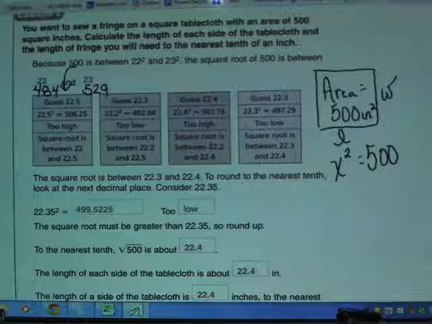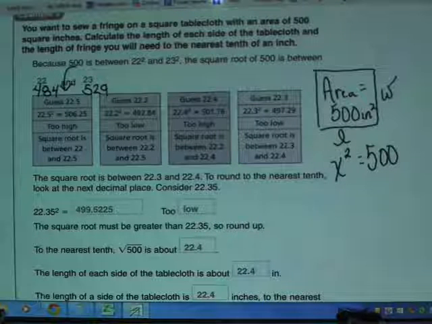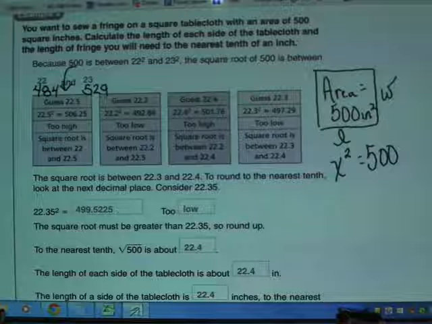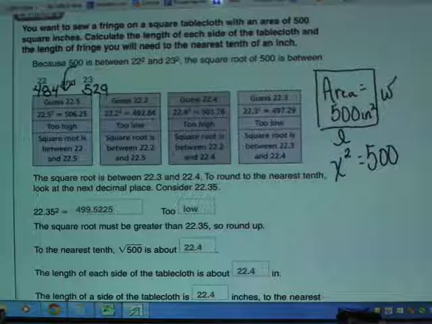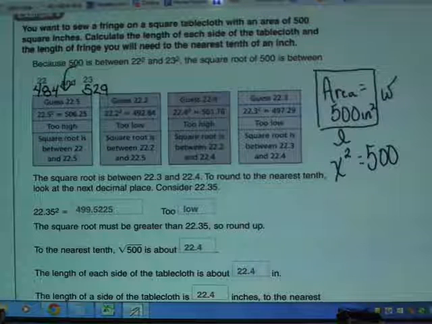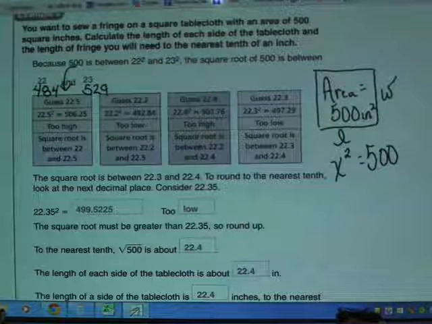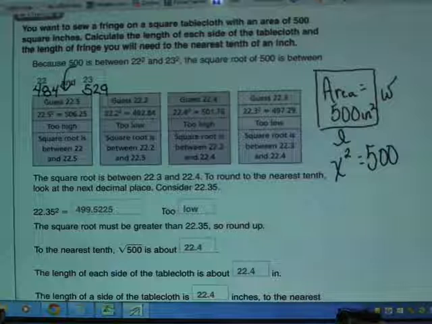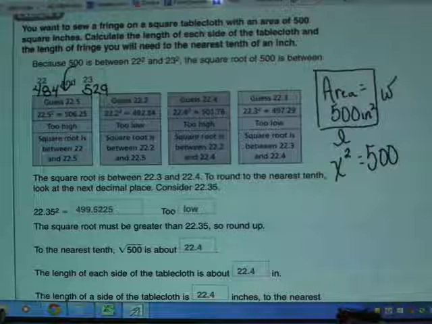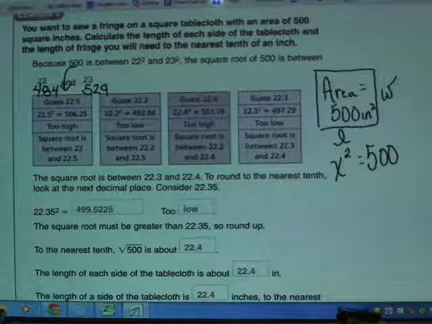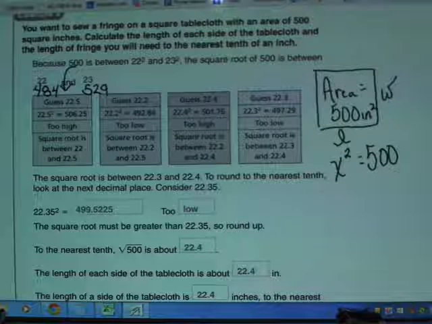And remember, as we're reading the other way, we're talking about square roots. We squared them, but read backwards, it's a list of square roots. So the square root of 484 is 22. The square root of 529 is 23. So now that we have that, we know our answer has to be somewhere between 22 and 23.